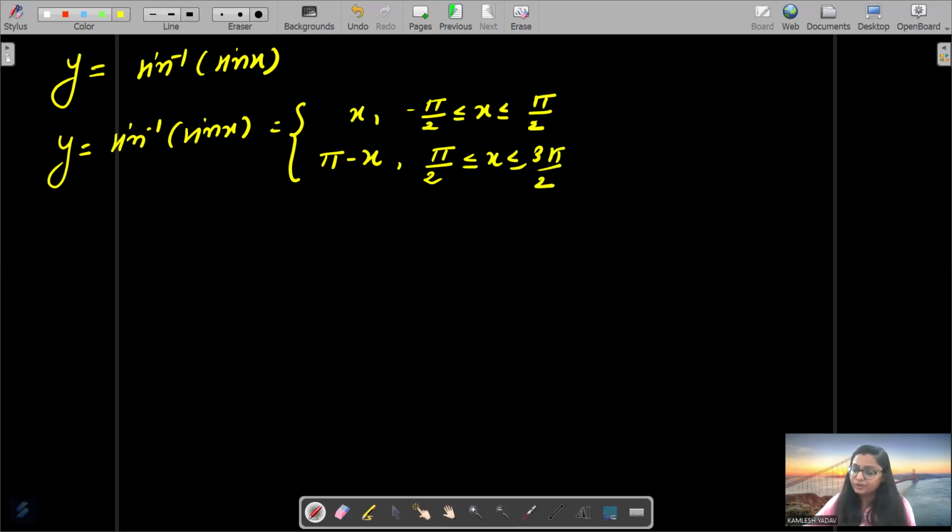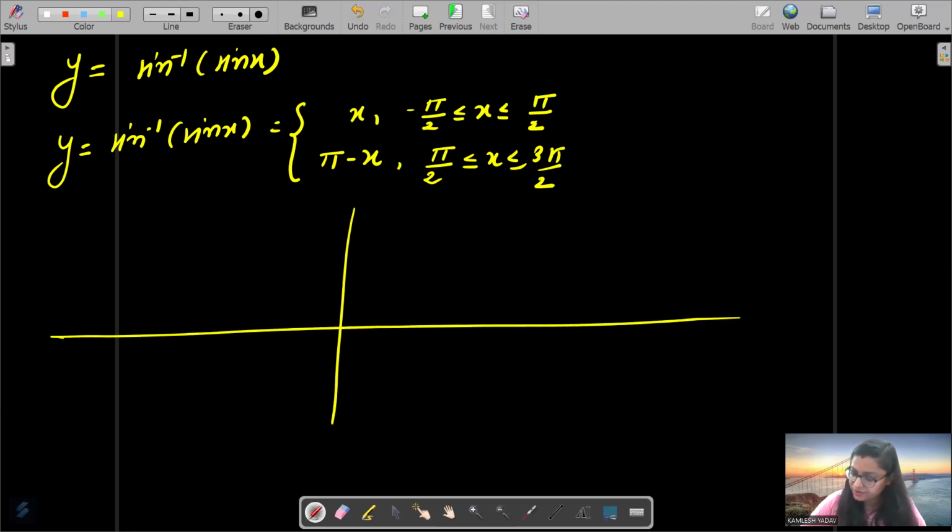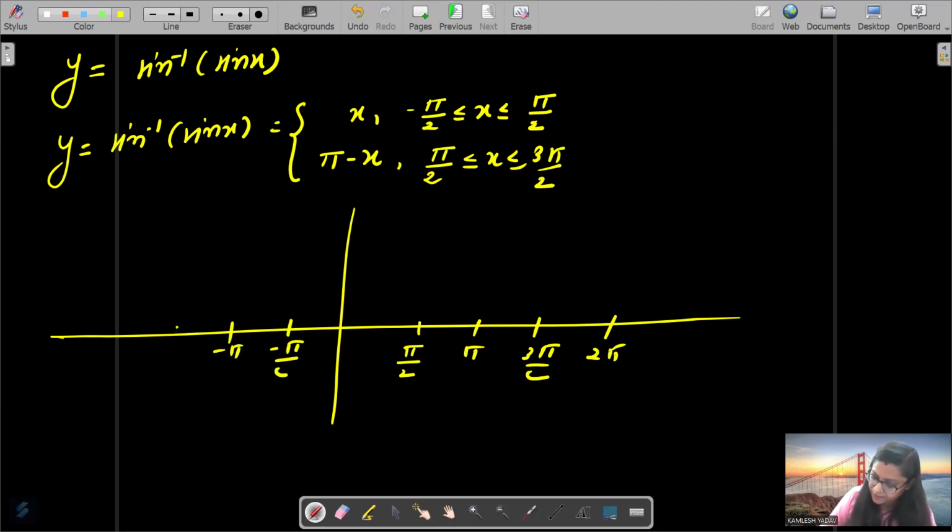Okay, now we draw the graph. See the graph of this function. First of all, I mark the points here: pi by 2, pi, 3 pi by 2, and next 2 pi. Similarly on this side, minus pi, minus 3 pi by 2, then minus 2 pi. Okay, and this point is 1 and this point is minus 1. I draw the straight line here.